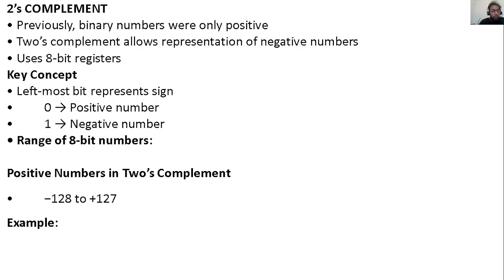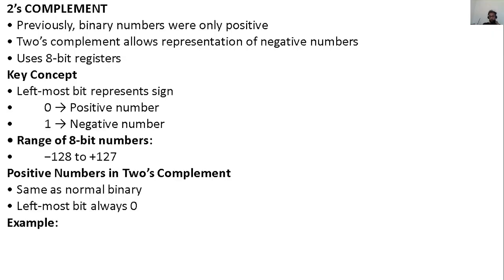The range of 8-bit numbers is minus 128 to 127. What it means is that minus 129 or plus 128 do not fall in this range. Any number lesser than minus 128 or greater than 127 can't be represented in 8-bit 2's complement.